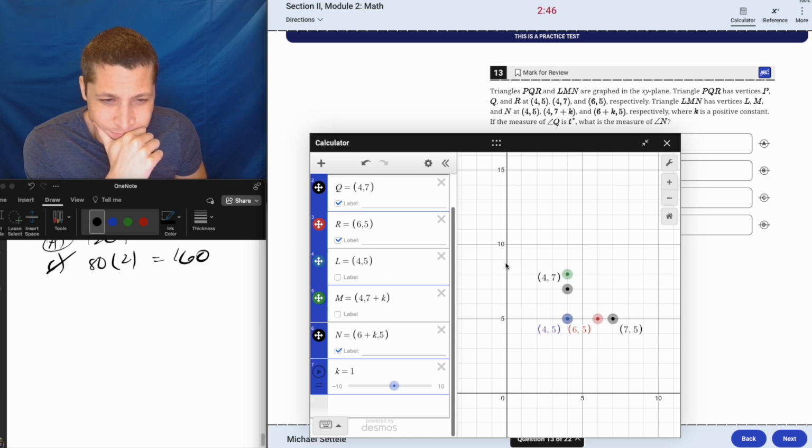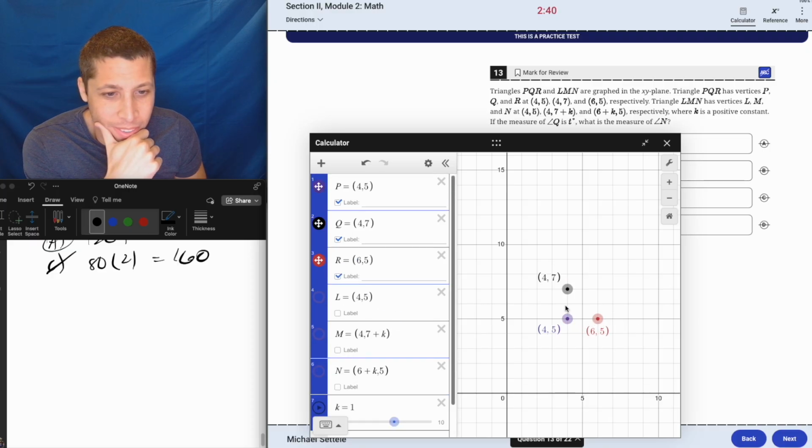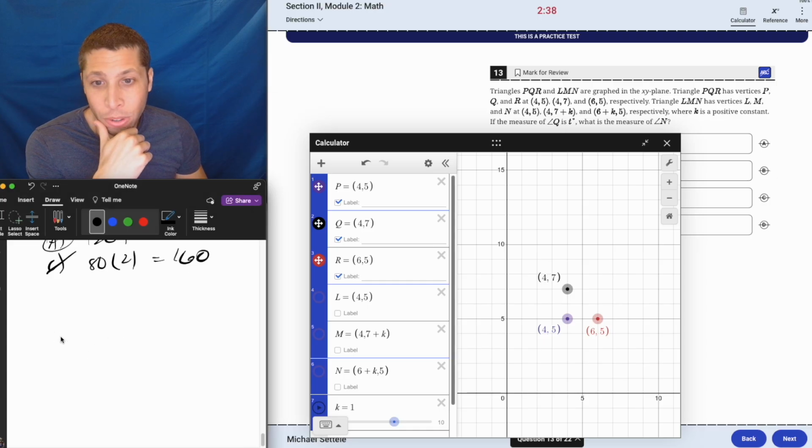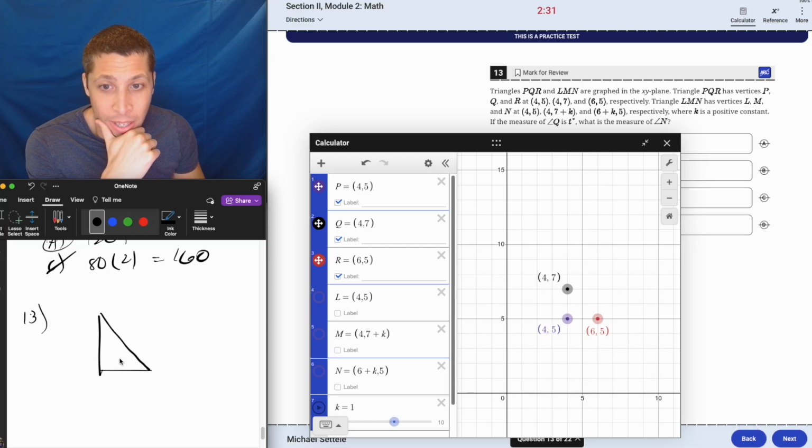What is happening? All right, so if I turn these off for a sec and then draw this triangle, so P, Q, R, and this is T. So P, these I know.